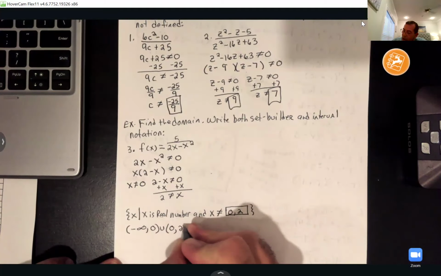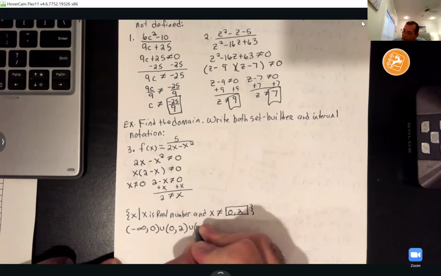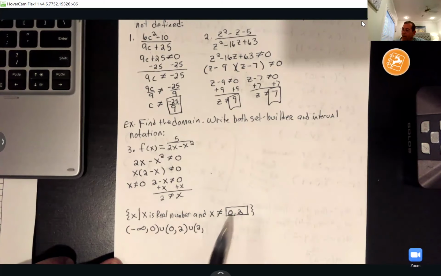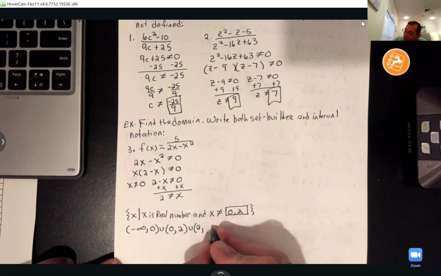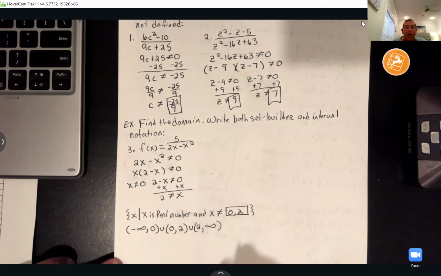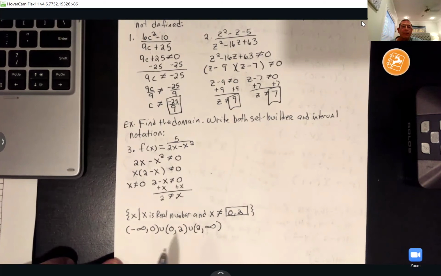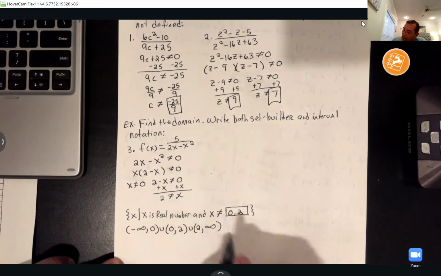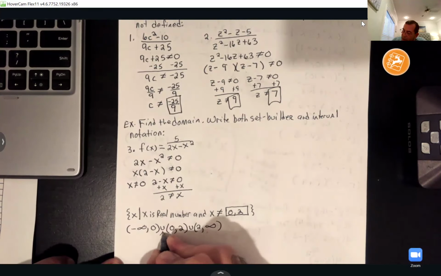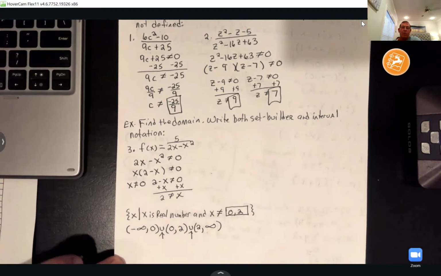So we're going to union around that 2 to kick it out. So both of my numbers are kicked out. So now my domain can head off towards positive infinity. So they all will start at -infinity and end at positive infinity. And if you got two numbers, you got to do two unions to them, okay?